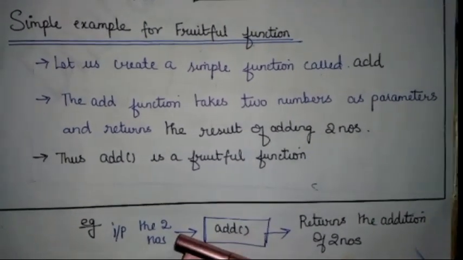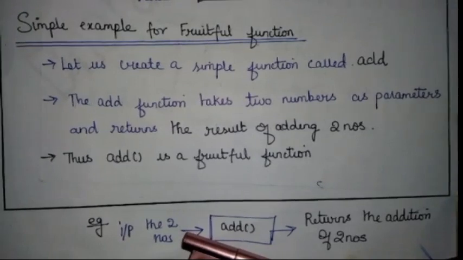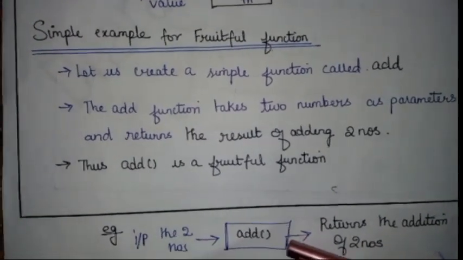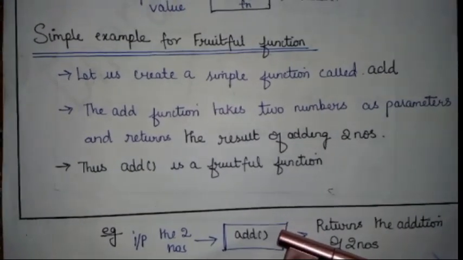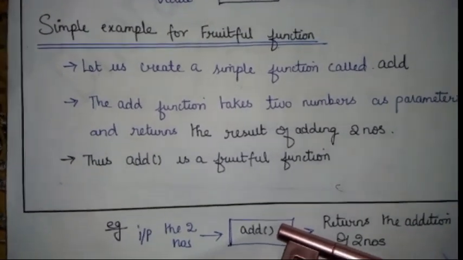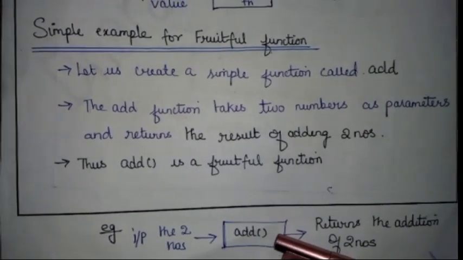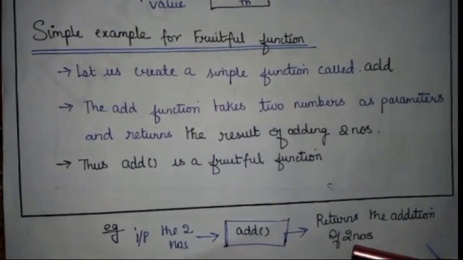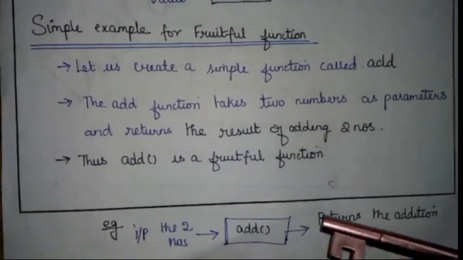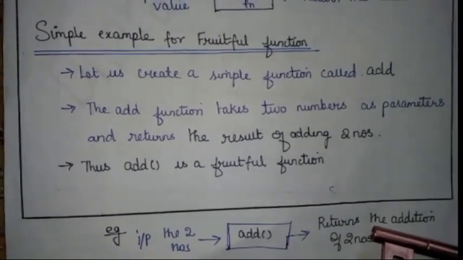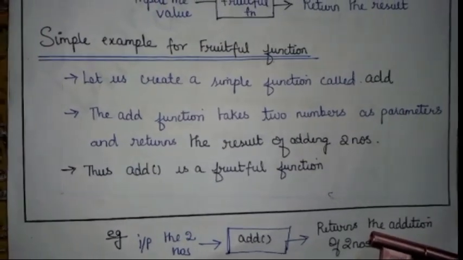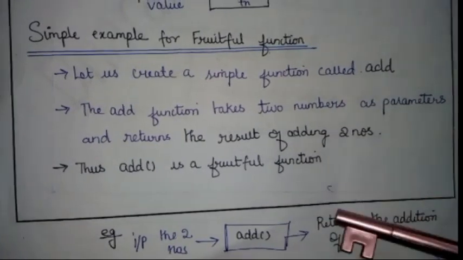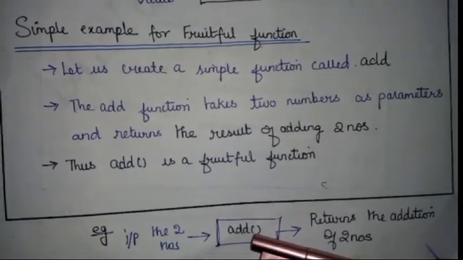Now I'm going to give the values for the variables a and b, and it is going to display the result of summing up a and b, and the result will be stored in c. So this particular add function will return me the addition of a and b. So this becomes my fruit or result of this fruitful function.